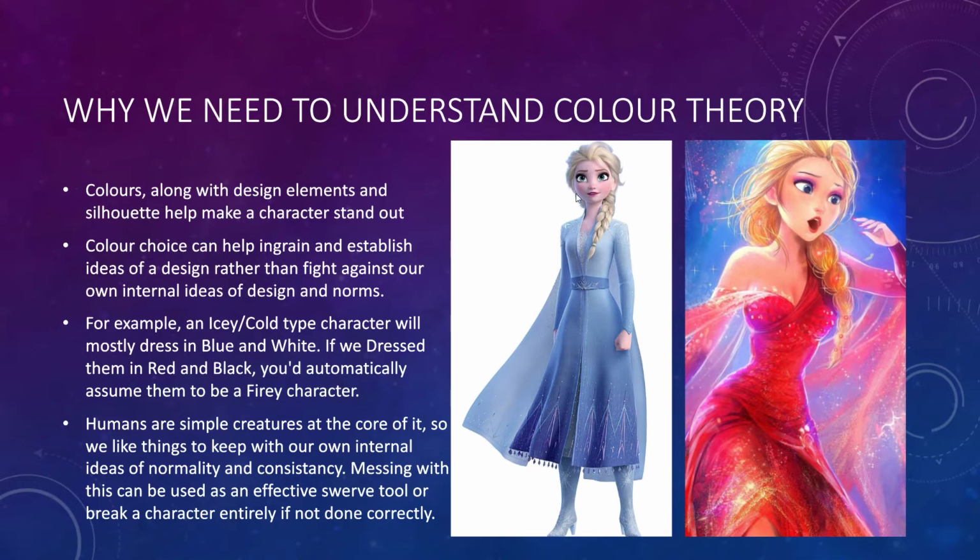She has this purple around her lips, which, again, is trying to push that thing of colour theming. And then on this one, they've made her hair even more yellow. It does help. Humans are simple creatures, so we like to keep things in our internal memory and consistency. So yeah, it does work.